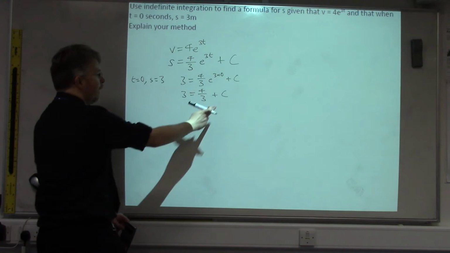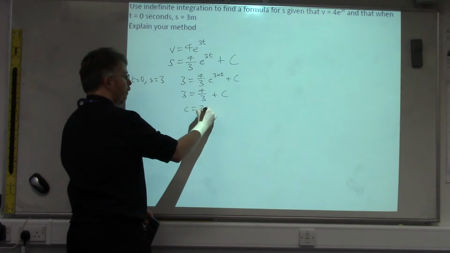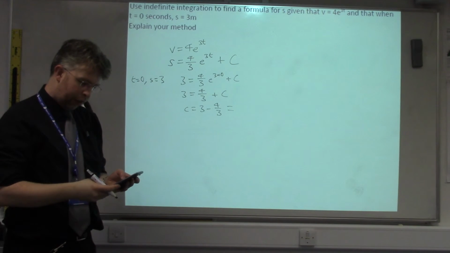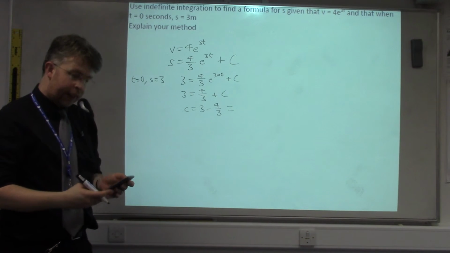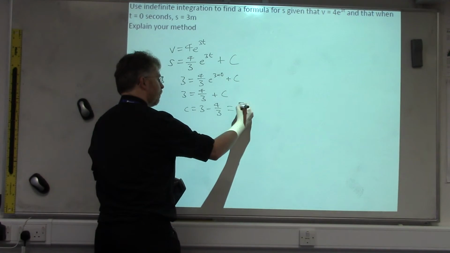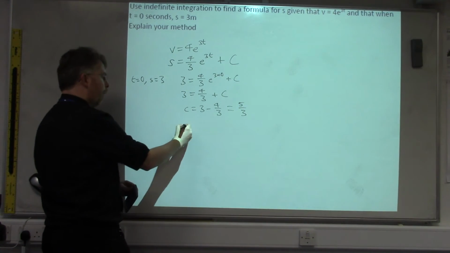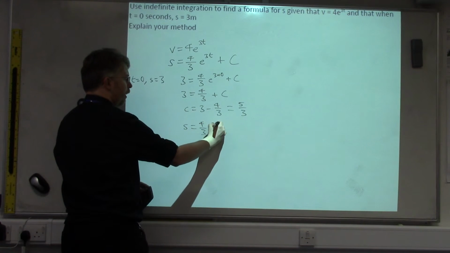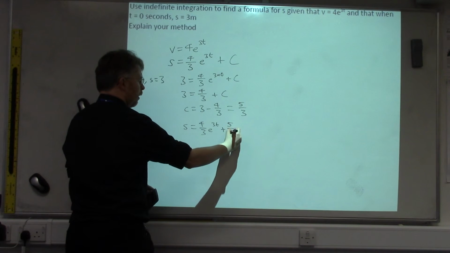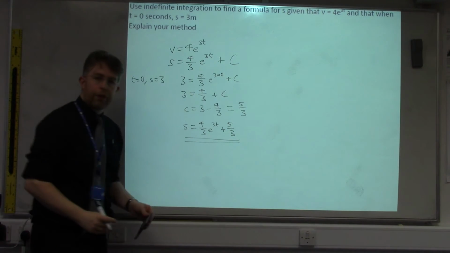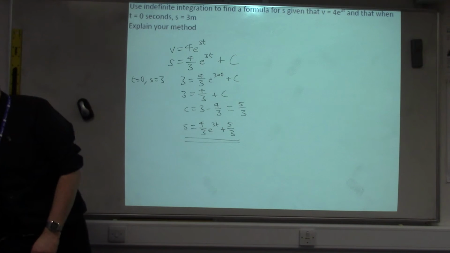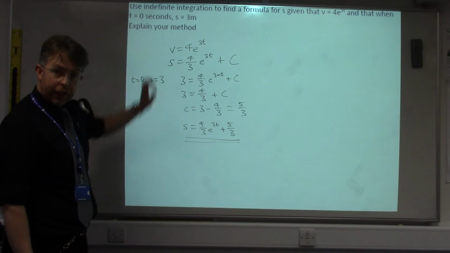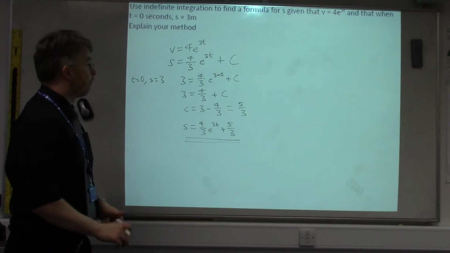So to find my c value, I'm going to have to do 3 take away 4 over 3, which I can do on my calc. 3 minus 4 over 3 gives me 5 over 3 for c. So my final formula is s equals 4 over 3 e to the 3t plus 5 over 3. Again, this is the minimum standard to be working towards a pass. For merits and distinctions, explain your method.